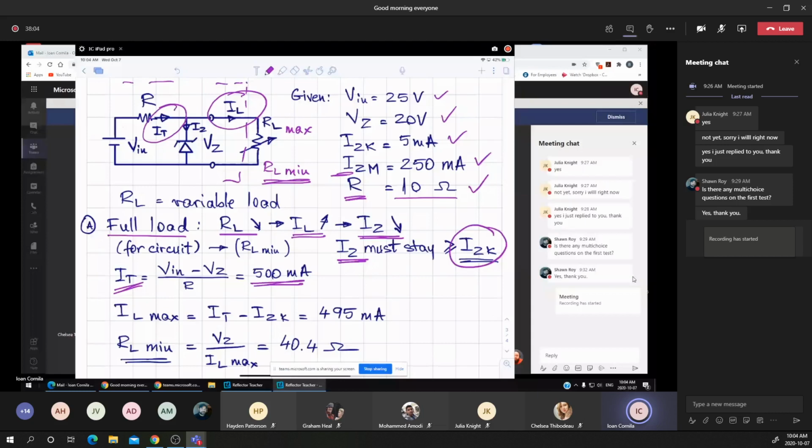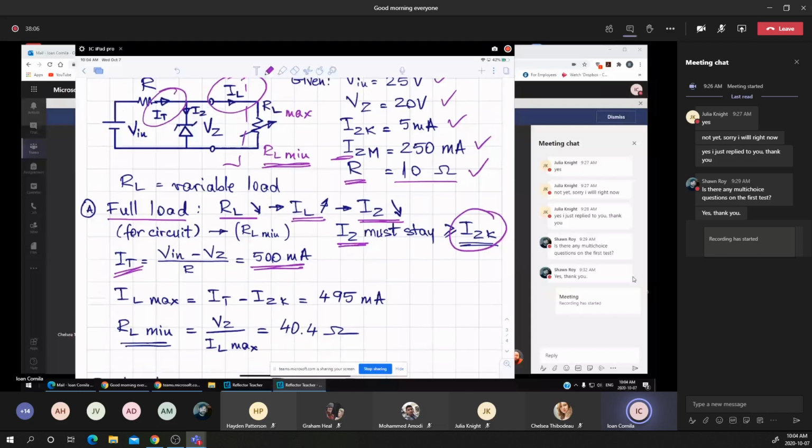Now, to determine the maximum current, the IL max, we know the IT, and the minimum current that can flow through the diode in order to maintain the Zener voltage is 5 milliamps. We know that, and it's given. Makes the IL maximum 495 milliamps.